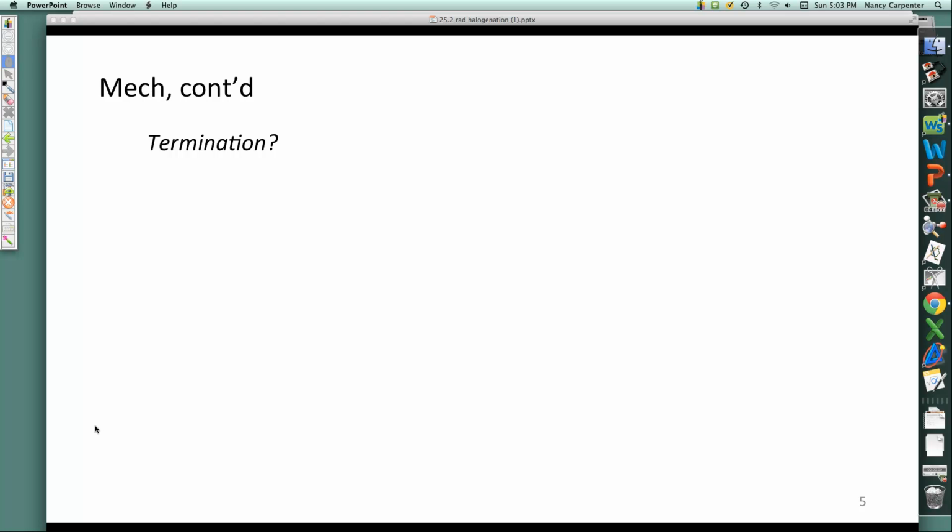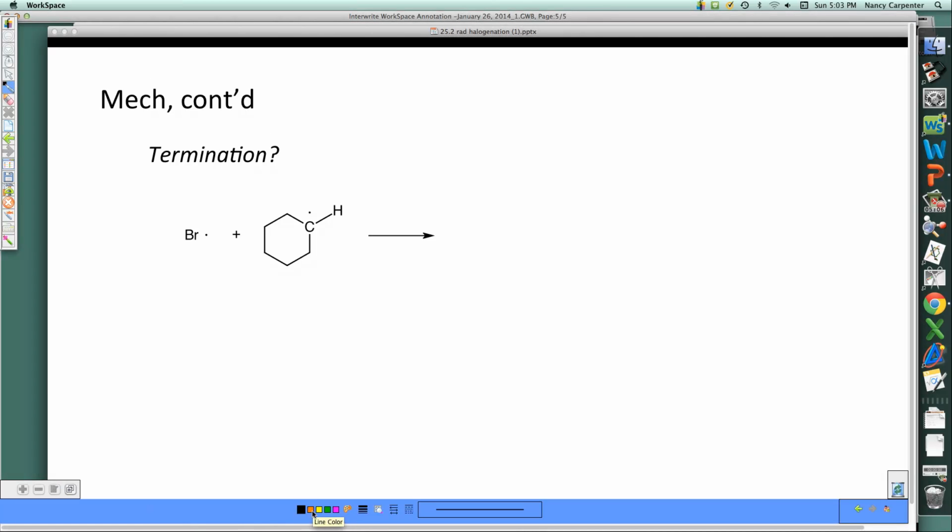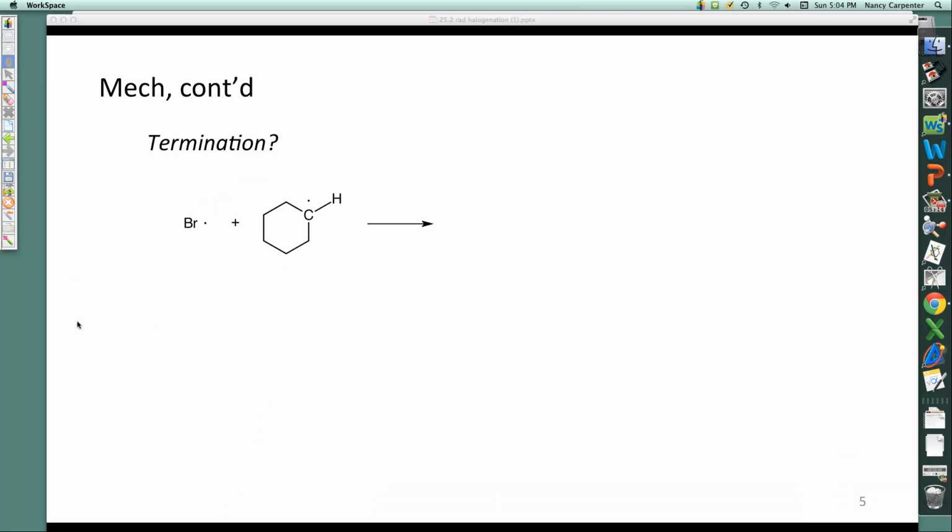Well, how does this reaction end? Well, one way it ends, of course, is when the bromine is consumed. Another way that it could end is if your bromine dot reacts with the alkyl radical, but that's actually not an ending the reaction kind of step.